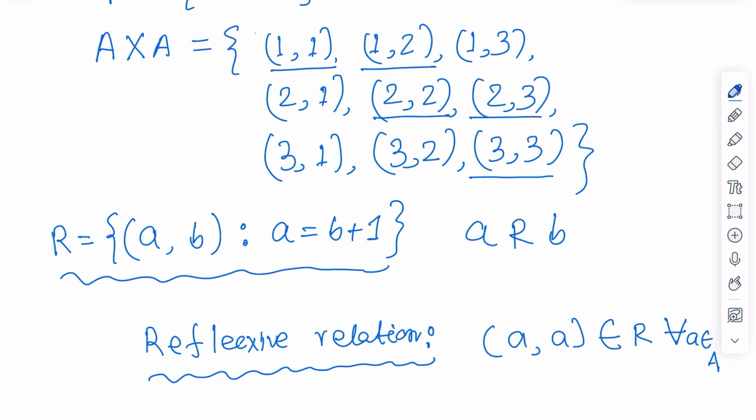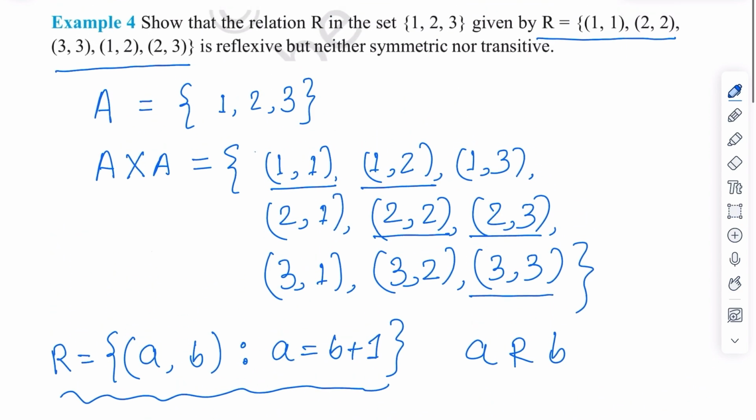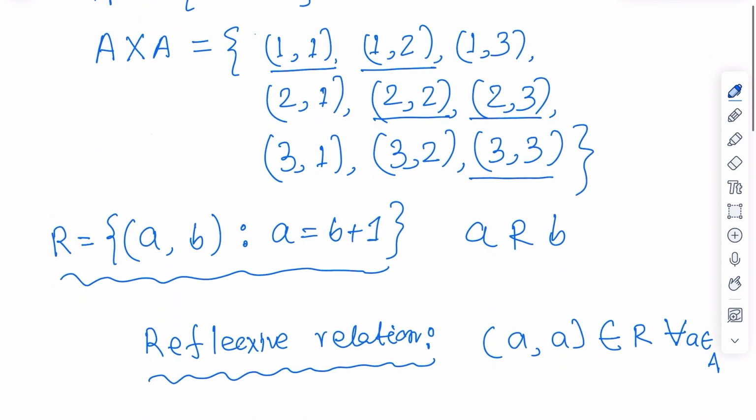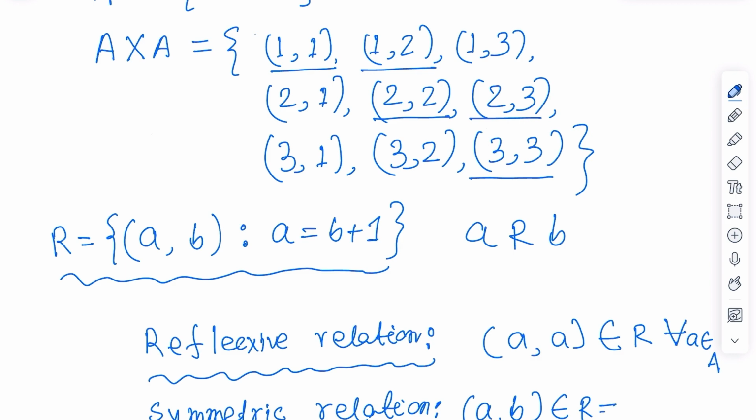This is the reflexive relation. And what is the symmetric relation? For a symmetric relation, the thing is, if (a, b) belongs to R, then (b, a) should also belong to R, for all a, b that belong to the original set.